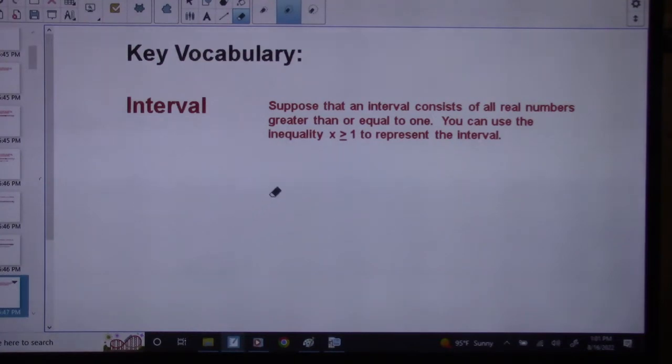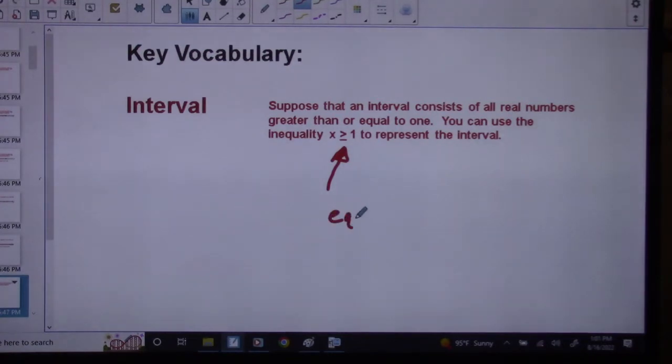Interval. Suppose the interval consists of all real numbers greater than or equal to 1. You can use the inequality x is greater than or equal to 1 to represent the interval. And I like to say this a lot of times: x is equal to and greater than 1.